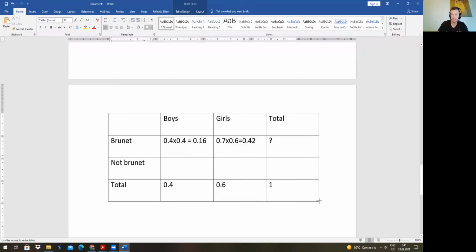I can calculate that 60% of not brunette boys gives me 24% in total. So not brunette boys, probability is 24%. So not brunette girls, the probability is 0.3 times 0.6, which is 0.18.